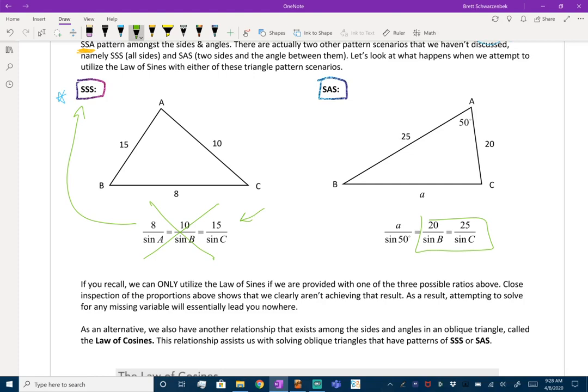There's two missing angles. What if we took the first and the last? Again, we have a missing A and a missing big C. So no matter what we do in this scenario, we again cannot create an equation with one missing variable. Therefore, again, the law of sines cannot be used for side, angle, side.